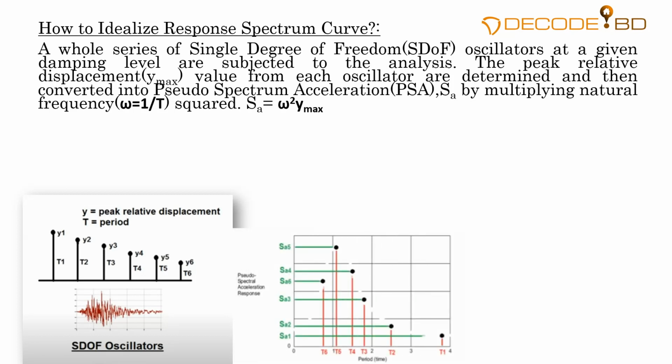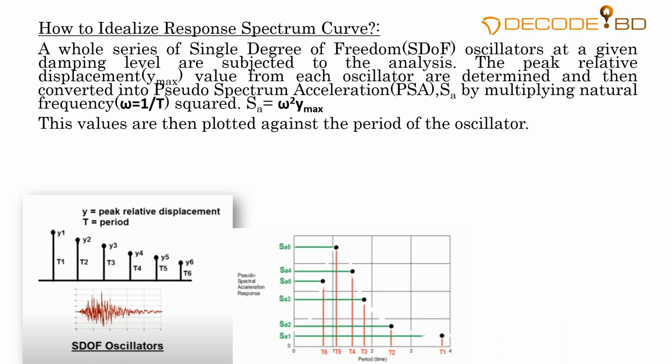Now this is the figure of the pseudo spectral acceleration response. Here these values of pseudo acceleration will be plotted against the period of the oscillator. In the figure we can see period or time along the x-axis, and along the y-axis the pseudo spectral response values, for time periods T1, T2, T3, T4, T5 and T6, with related accelerations SA1, SA2, SA3, SA4, SA5, SA6.